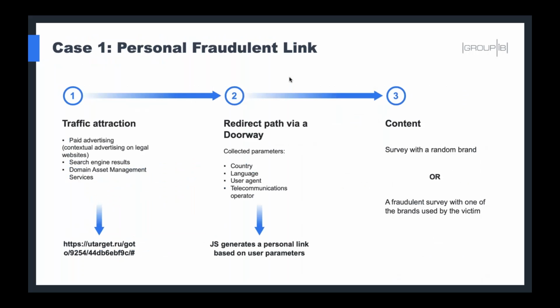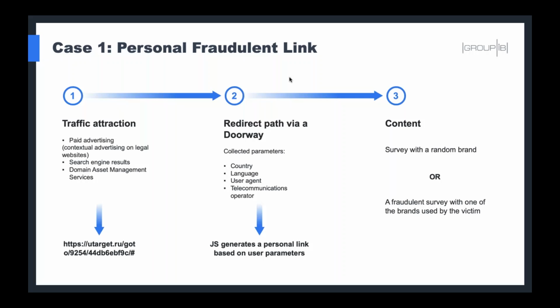So the common scheme looks the same. At the first step, of course, you need to attract traffic. Traffic attraction is made by different tools, by different approaches. It could be done by contextual advertisements, by SEO optimization, by some other things.